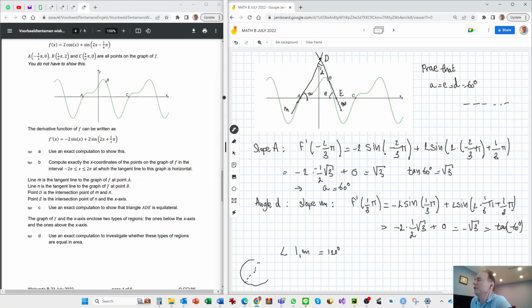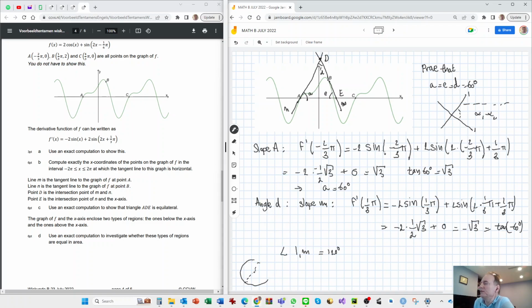So if you have two lines crossing, then this is the angle of, say, line 1, line 2. This angle is alpha 1 minus alpha 2.